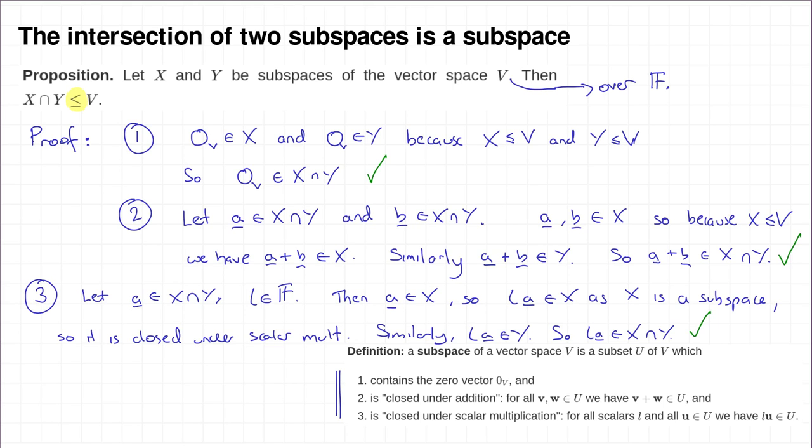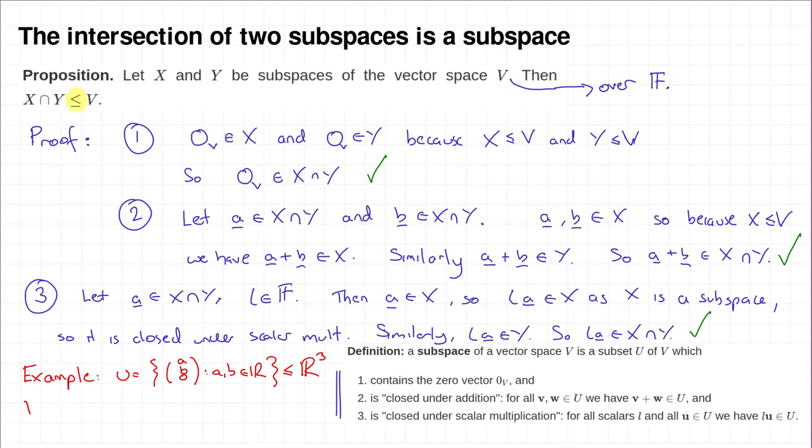Alright, let's now just look very quickly at an example of the intersection of two subspaces. So here is my small example here. We will work with the vector space R cubed, and we'll let U be the subspace consisting of all things of the form A, B, 0 for A and B in R, which you can check is a subspace of the vector space R cubed.